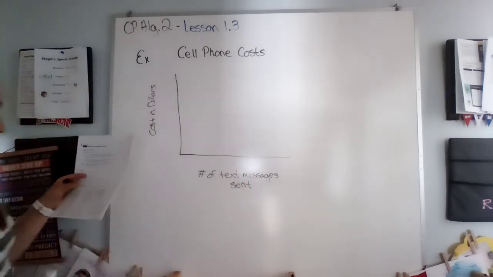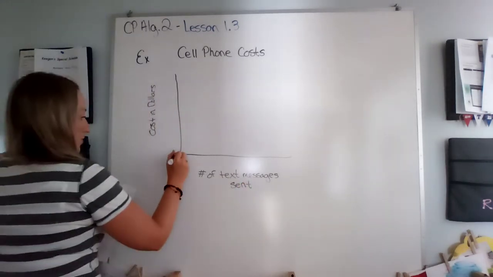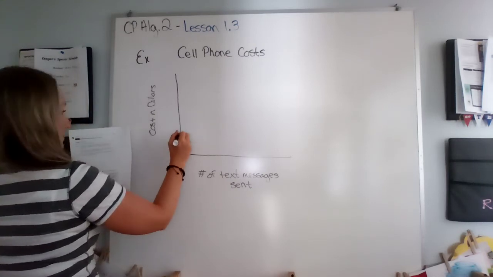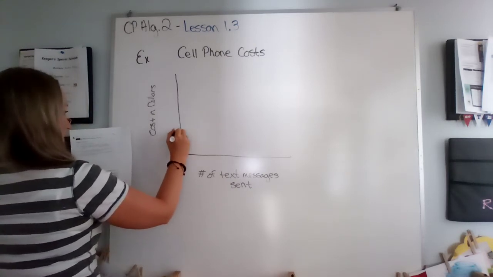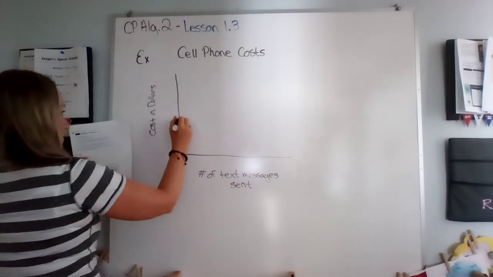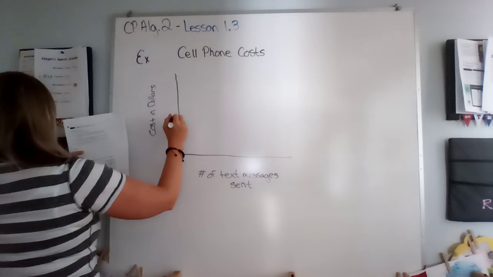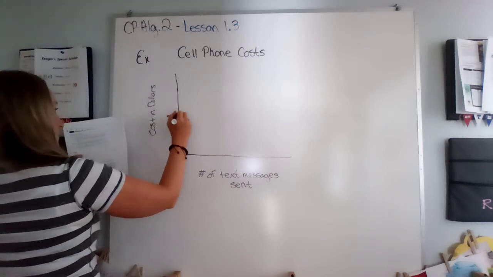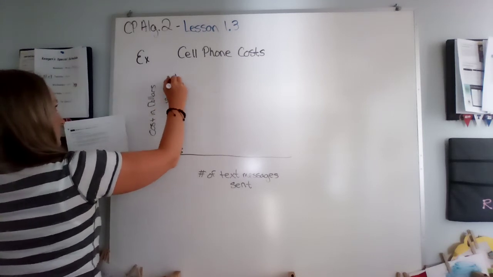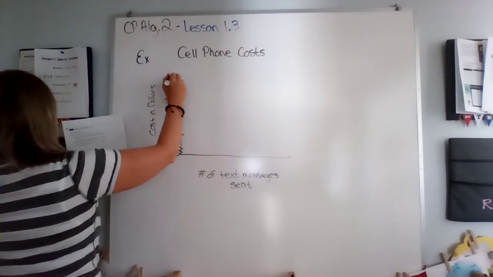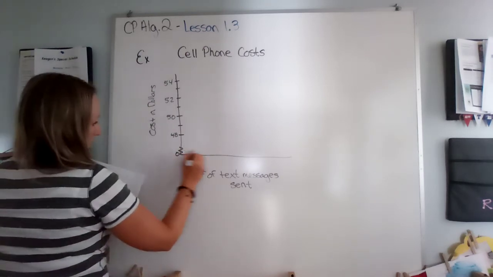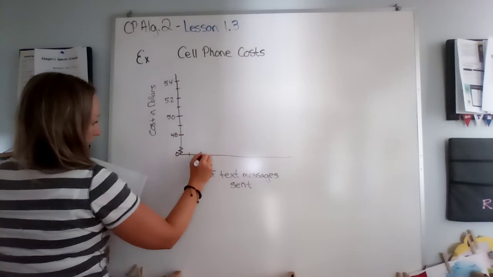Okay. Now there's a break in the scale. So the break in the scale means that you start at 0, but then it jumps all the way up to 48. But then it's not going to continue to jump by 48. Then it goes, let's see, 50, 52, 54, and that's good. Now there's not really a break in scale for the x-axis, but it jumps by 5s each time.